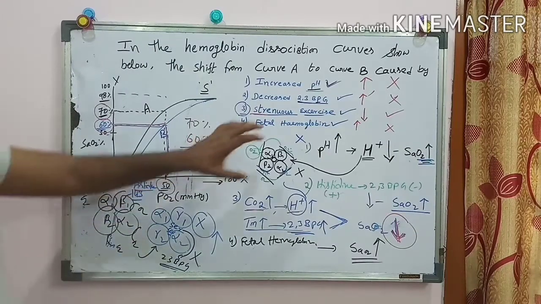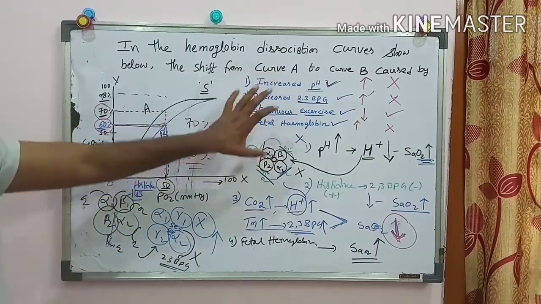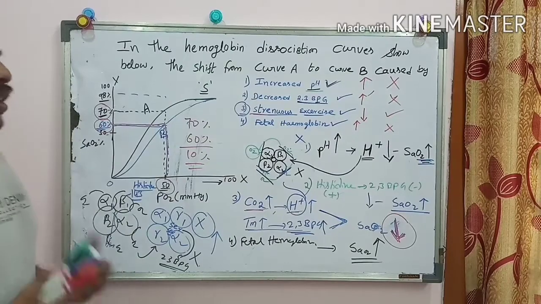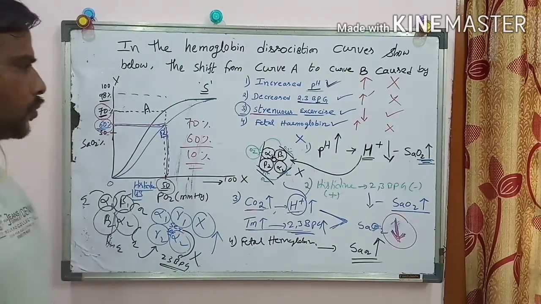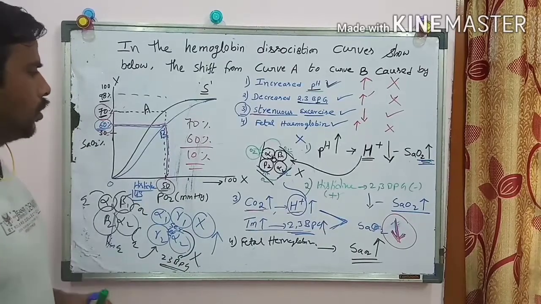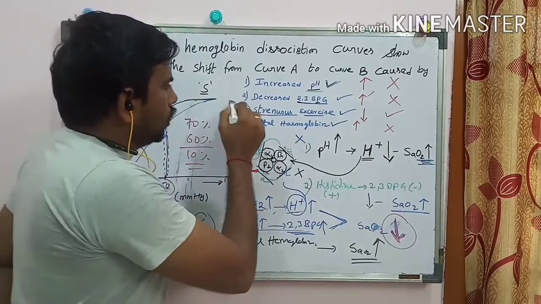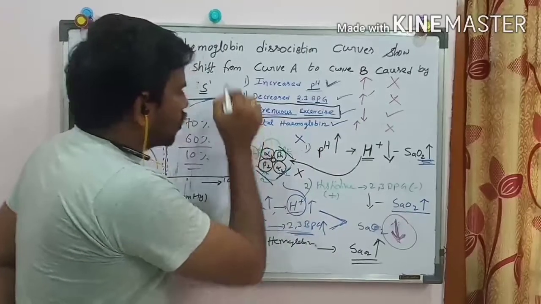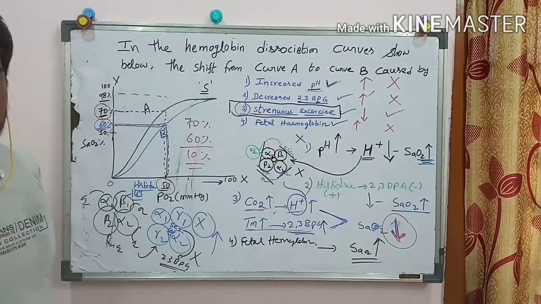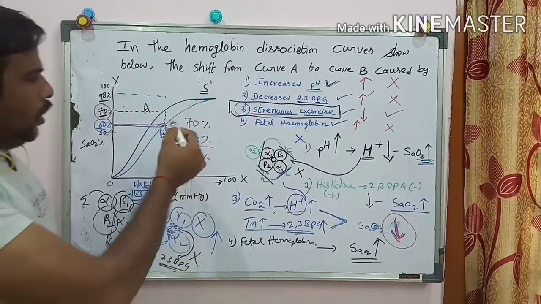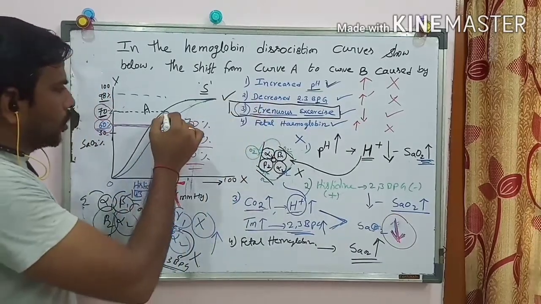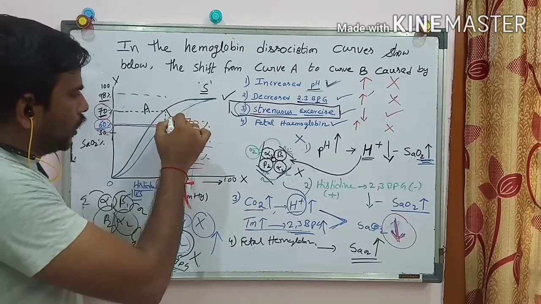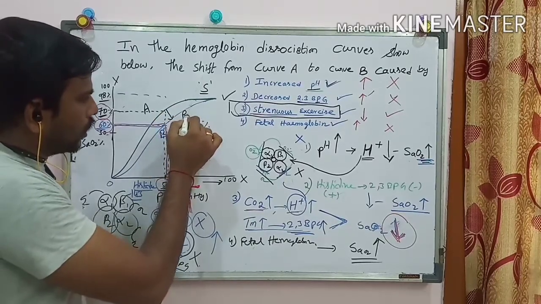Now, by looking at all these four different conditions, when oxygen and hemoglobin are present, how they interact, how they can disturb those bonds, finally you have got the right option, this strenuous exercise. During that condition, among these four options, only the curve shifts from A to B. That means towards the right.